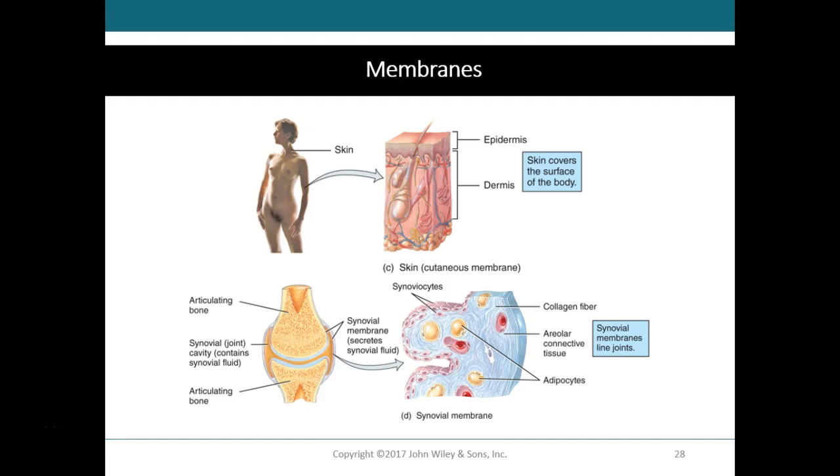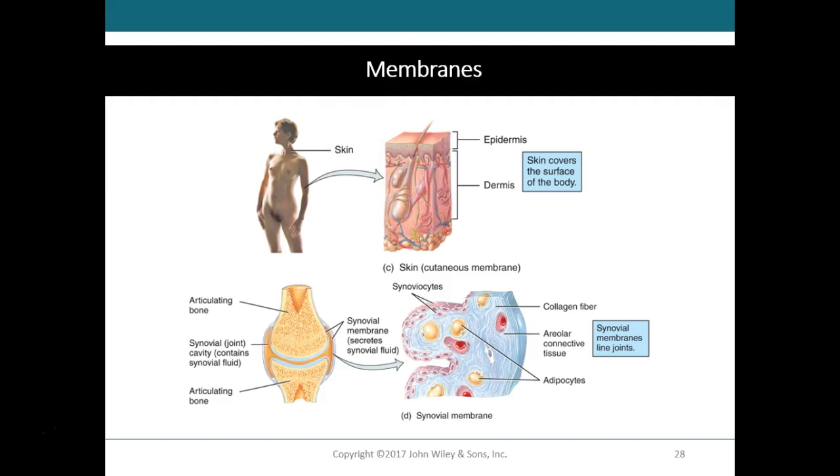Continuing to look at our epithelial membranes, the skin is known as the cutaneous membrane. So this is a membrane that covers the outer surface of the body. It's composed of two major layers. The epidermis, which is the most superficial layer, this is what you see, the outer part of the skin, which is made of many, many sublayers of stratified squamous epithelial cells.